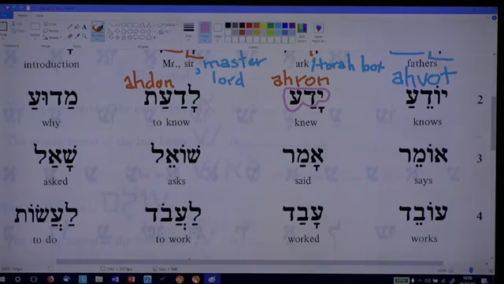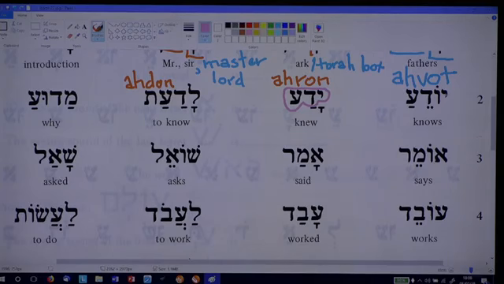The yud, daled, ein is the verb to know. So if I want to say, and the way this is done with the vowels and some of the other stuff, that's grammar rules, okay? And I'm not going to even try to explain it.